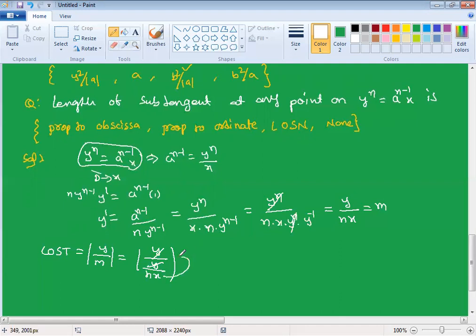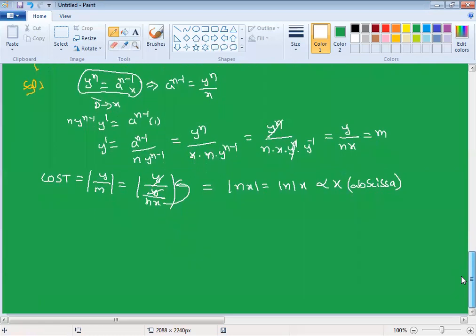Y cancels, this nx will be the numerator. So you will get mod of nx, which is proportional to x, and this is the abscissa. So the option number 1. I think somewhere you did wrong. You can check and correct that.